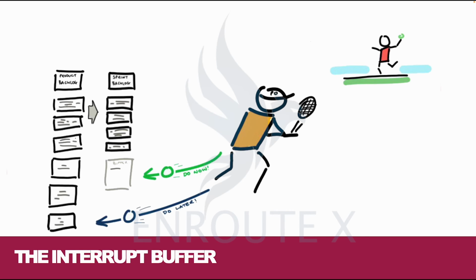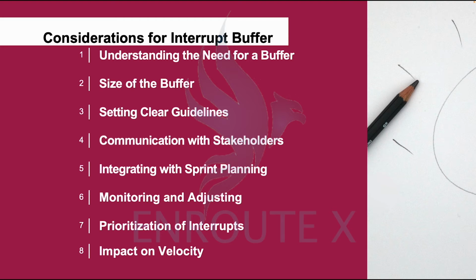So let's go to the next slide and see some of the considerations we have for interrupt buffer. Some of them I've mentioned in the explanation I made earlier. So number one is to understand the need for a buffer, which is what I've explained. You don't use the buffer anyhow.